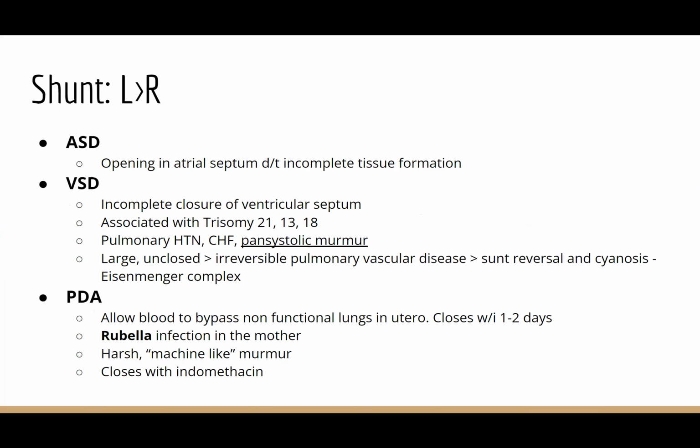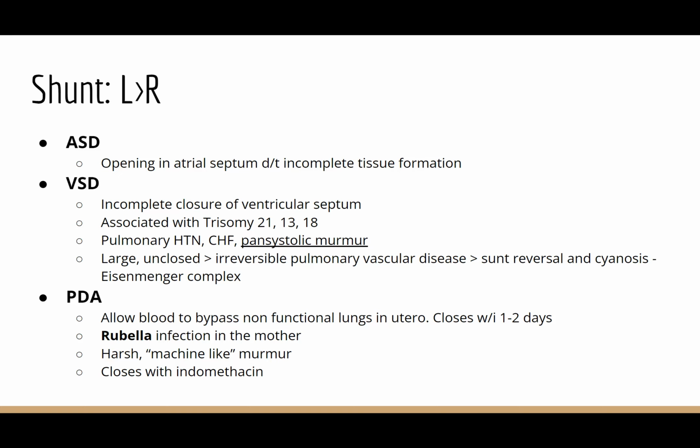You can get pulmonary hypertension, CHF, but you're going to hear a pansystolic murmur. If you see in the vignette a pansystolic murmur, it's going to clue you in on the VSD. If it is large and does not close, you get an irreversible pulmonary vascular disease. If you have shunt reversal and cyanosis, that's called the Eisenmenger complex.